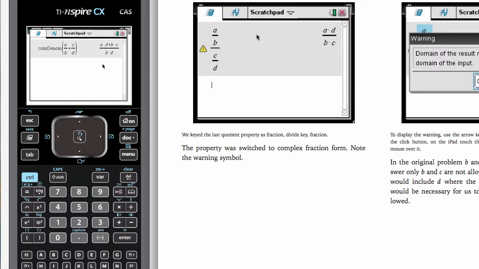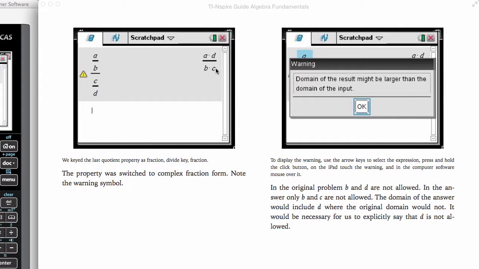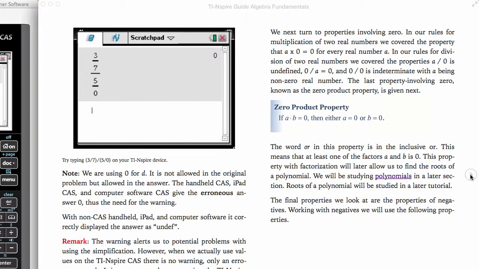Let's take a look at one more thing that can happen to us with compound fractions. So if we enter this into our scratch pad, we see that the answer is AD over BC, but there's a warning, and the warning is the domain of the result might be larger than the domain of the input.